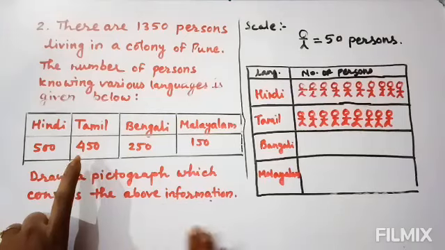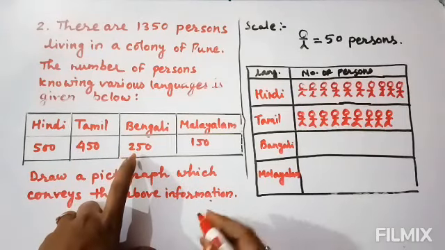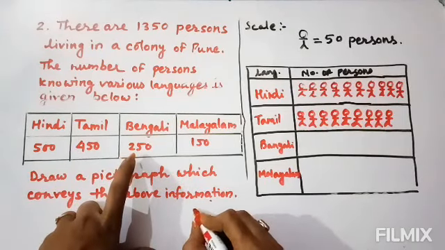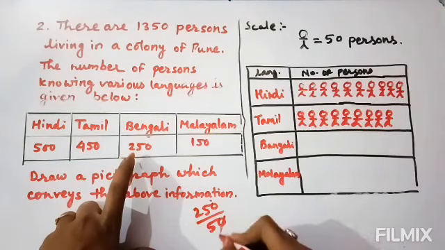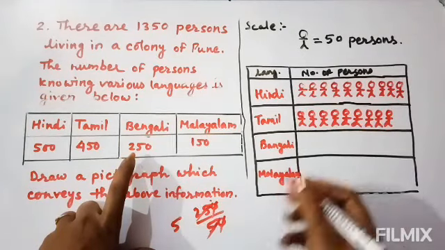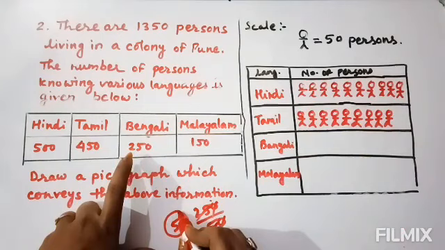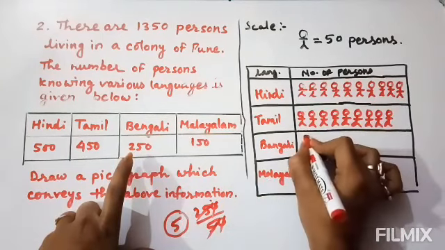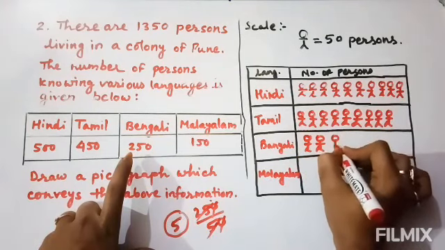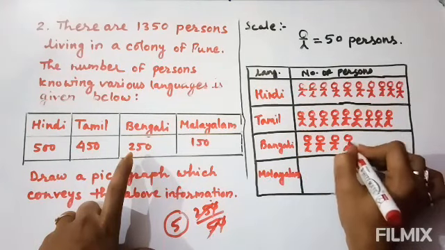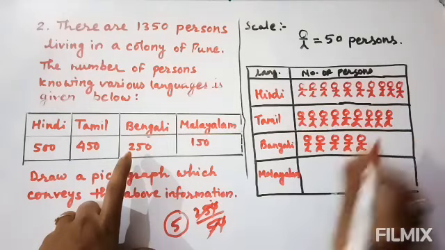Now the third one, Bengali, 250 persons know this language. We will divide 250 by 50, the scale. 0 will divide by 0 and 5 fives are 25. It means we will draw 5 pictures for this column: 1, 2, 3, 4 and this 5.